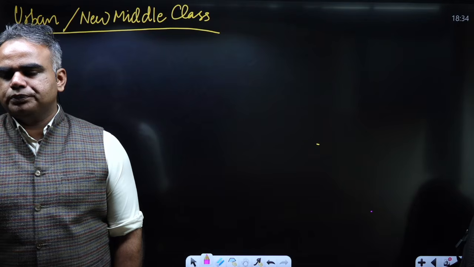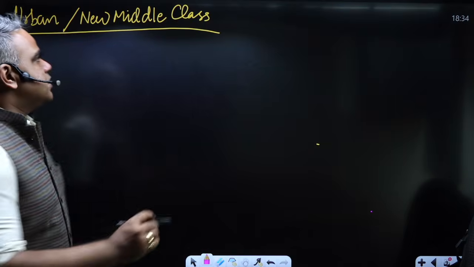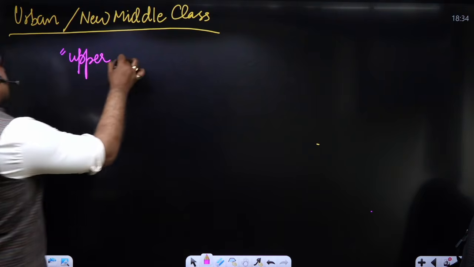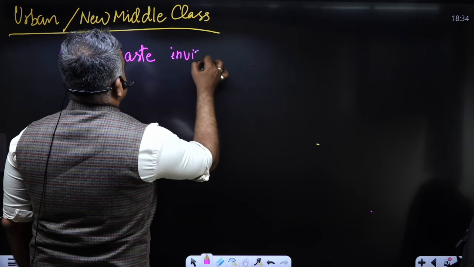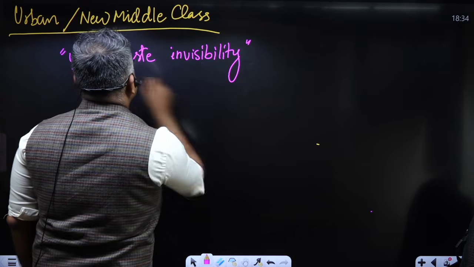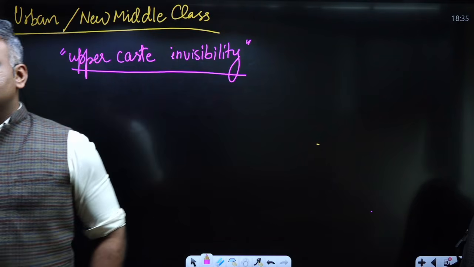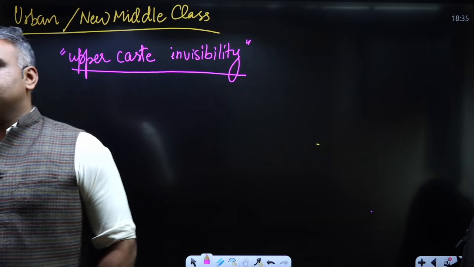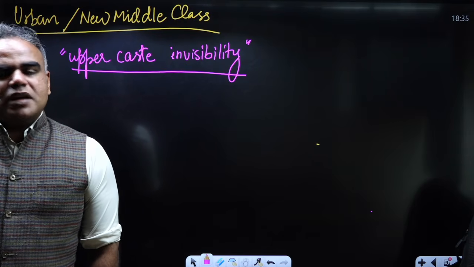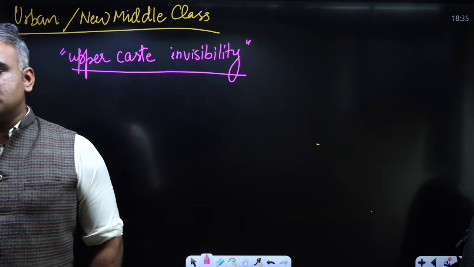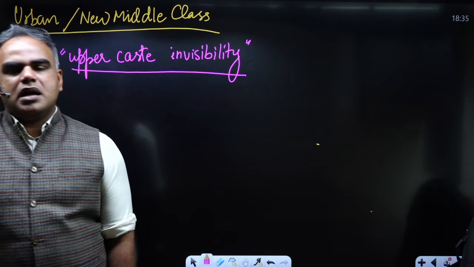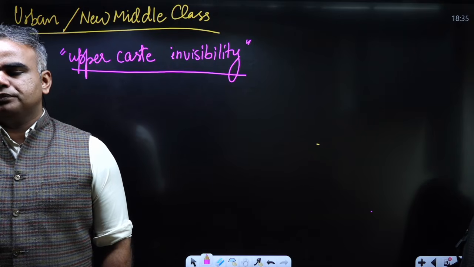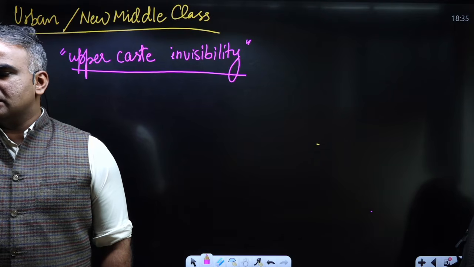Satish Deshpande highlights, in inverted commas, upper caste invisibility, which demonstrates how privilege exists even when the caste discourse declines.